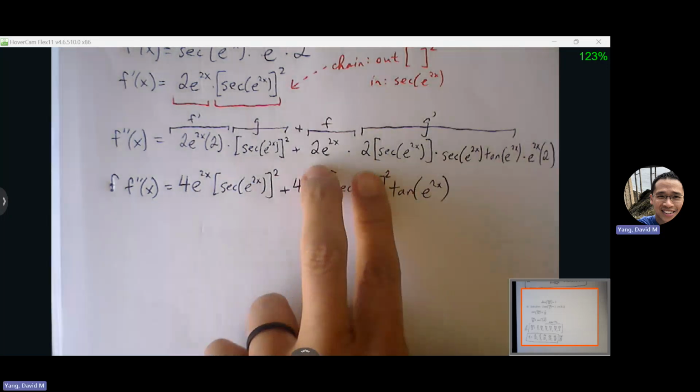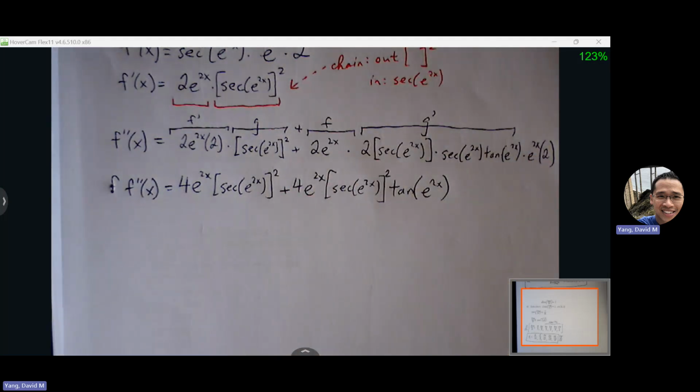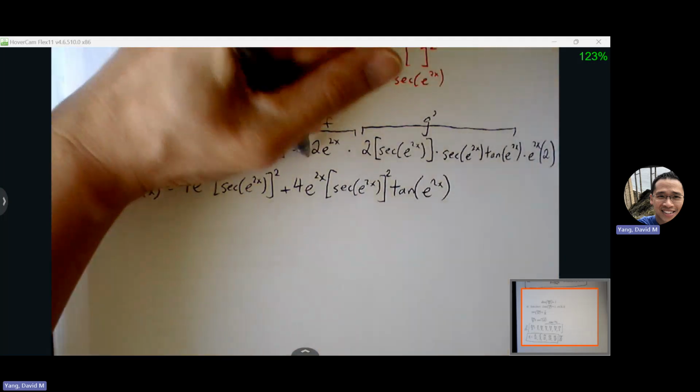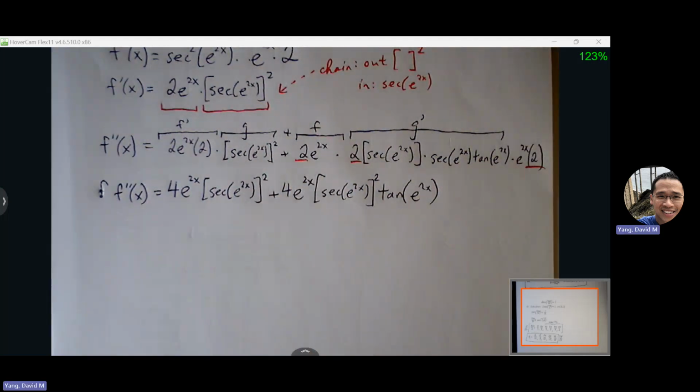Oh wait, there's more than that. My bad here. 4 times 2, it should be 8. Right, so I'm multiplying the 2, this 2, and that 2 together. 8.